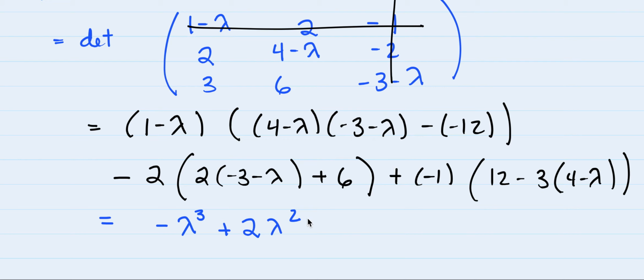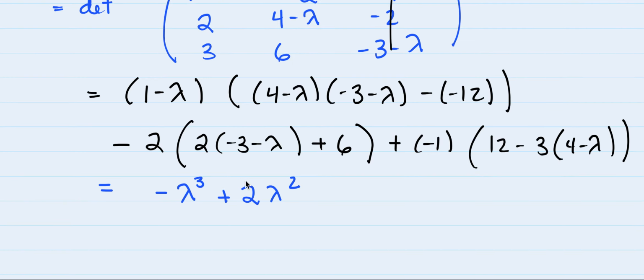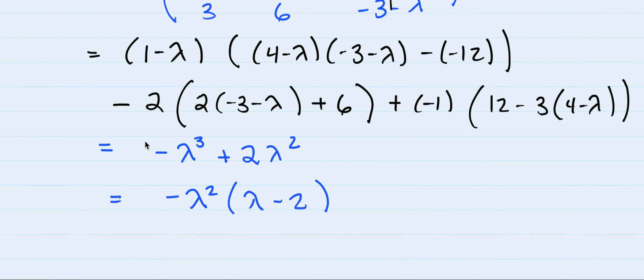So anything that didn't have a lambda goes away, including things with just a lambda to the power 1. And that makes sense that we should get a cube because remember, this is a 3 by 3 matrix. It should have a degree 3. And if you factor this, this is negative lambda squared, lambda minus 2. So this is the characteristic polynomial.